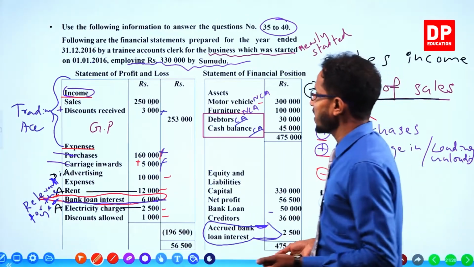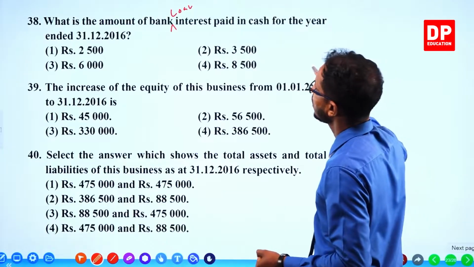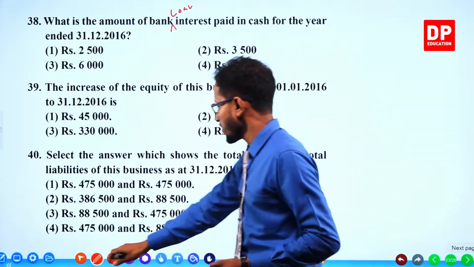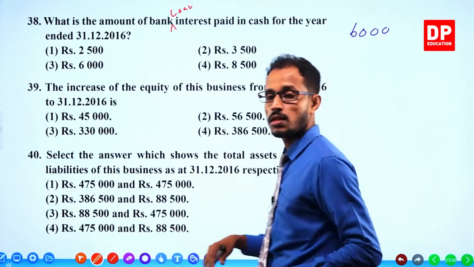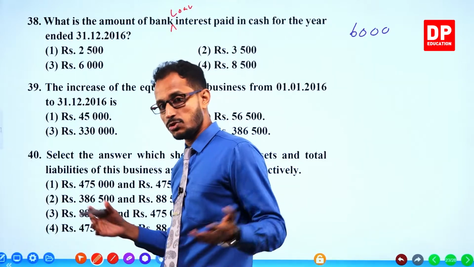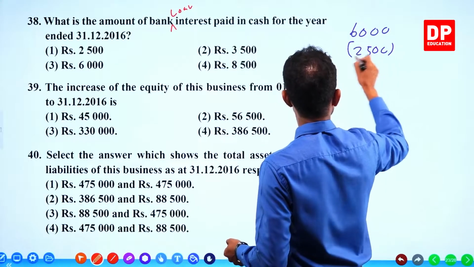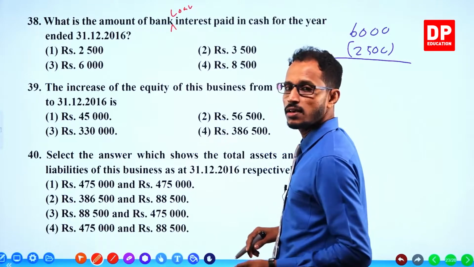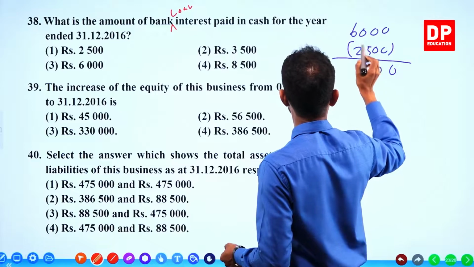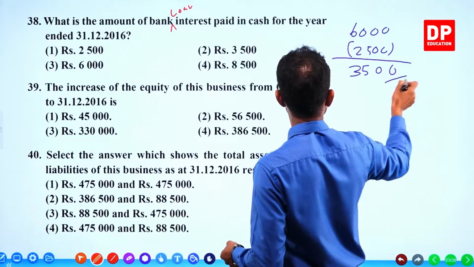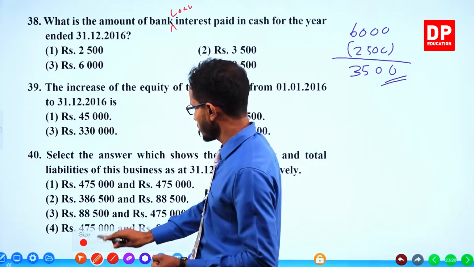So the paid amount is clear: 6,000 is the annual total amount that we should pay, 2,500 is not paid, which means the paid amount is 3,500. Let's see. We have it. The answer is there.